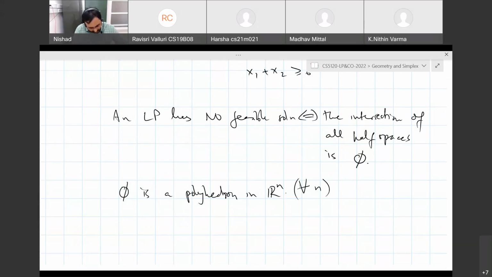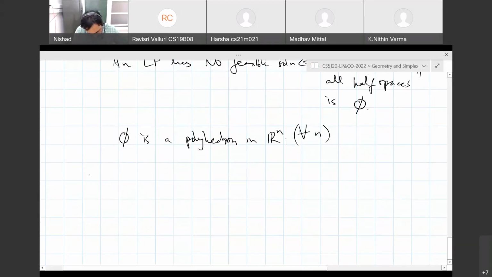Good. What I would like you to do as a do-it-yourself exercise, it's quite easy. I want you to add one constraint to our LP1 example so that the new LP has no feasible solutions. Okay.